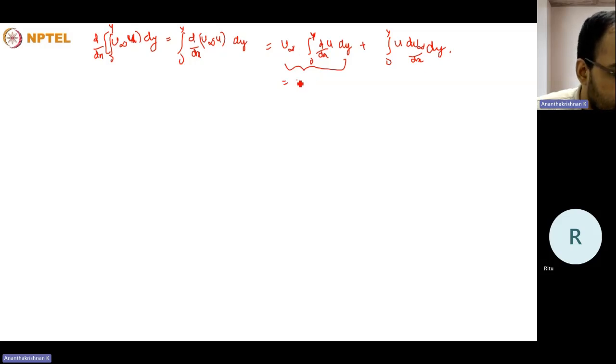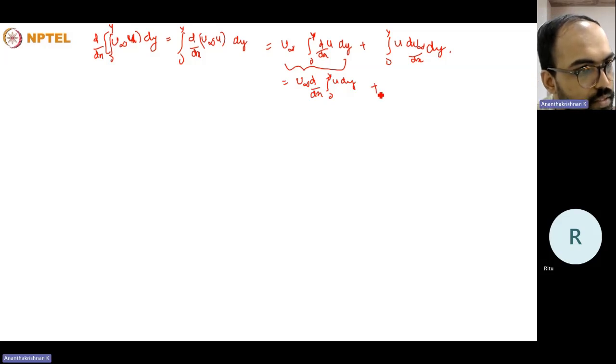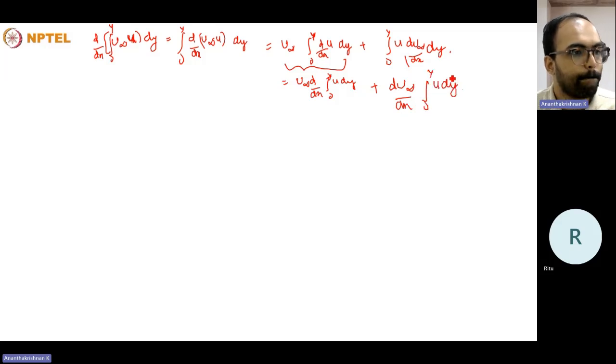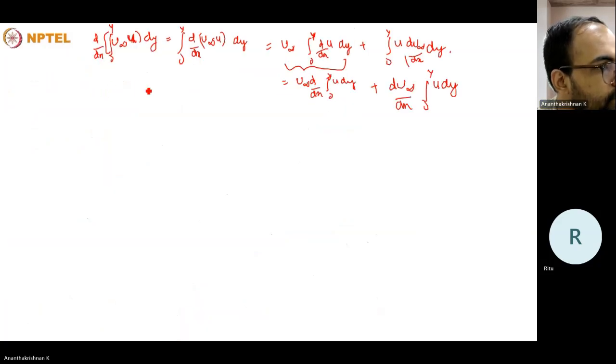So you can write it as u infinity d by dx of the integral from 0 to y of u dy, plus du infinity by dx, which is independent of y, times the integral from 0 to y of u dy. The second term, minus of d by dx of u infinity times the integral of 0 to y u dy, will be the same as the second term in the picture.